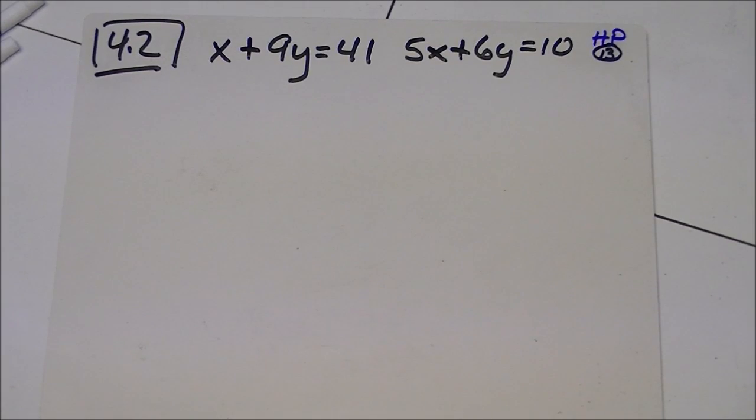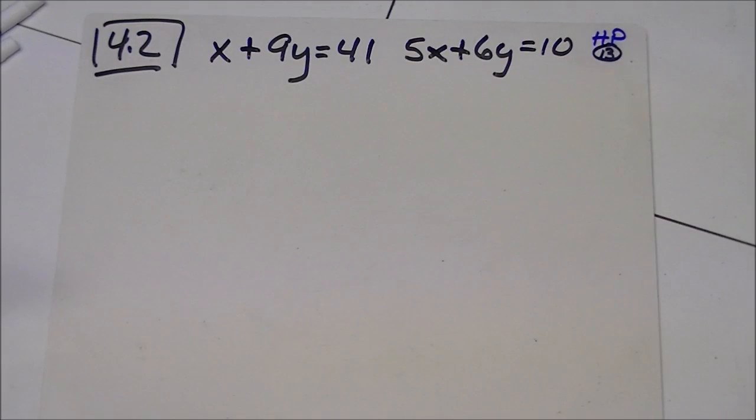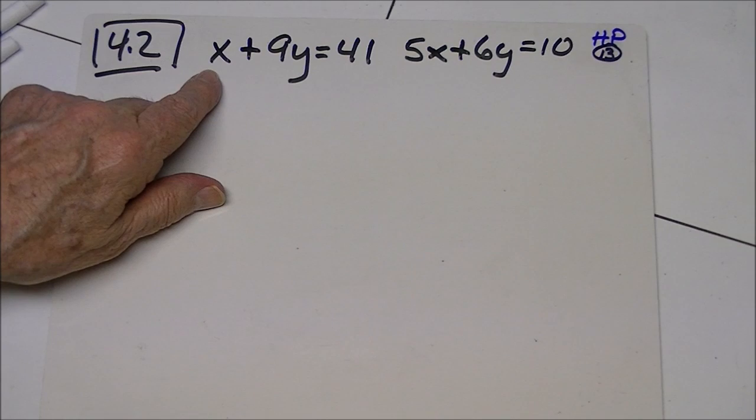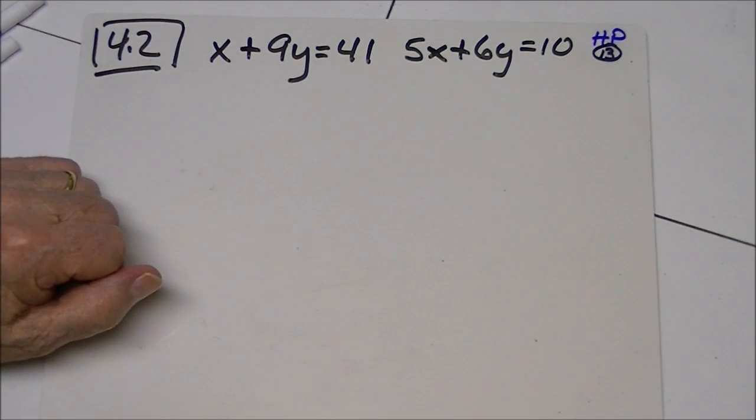In another example of section 4.2, they give us this system of equations, and again they're asking us to solve by substitution. So notice here we have an x, but it's not really by itself.